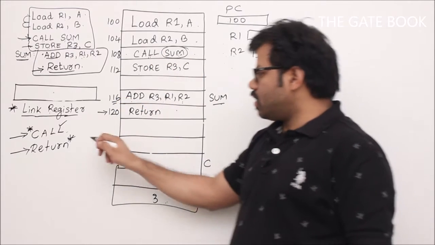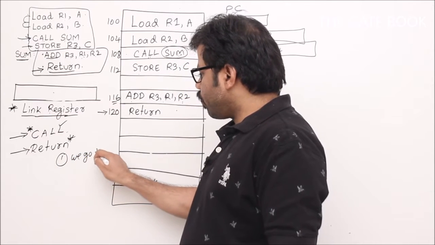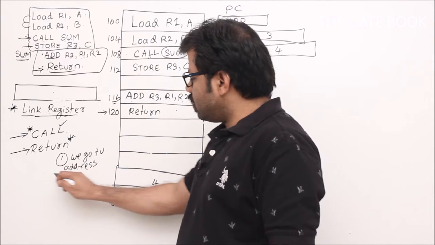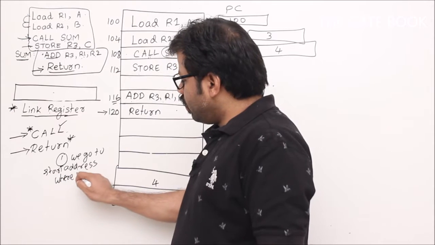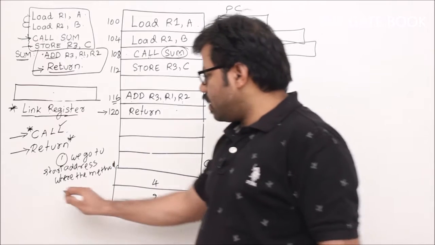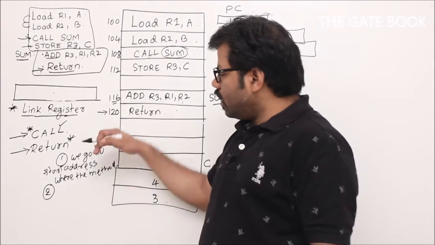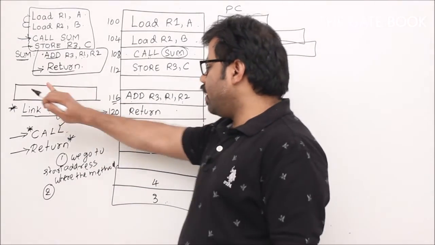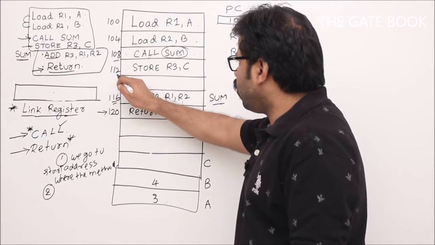So because of the call instruction, step number 1, we go to the start address where the method is loaded. Second step, before going there, we have to store the return address into the link register. Let's say this is the link register. After 108 we have to come back to 112, right?